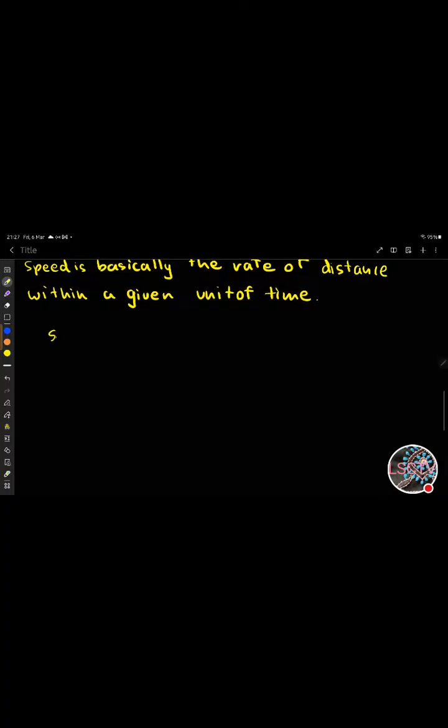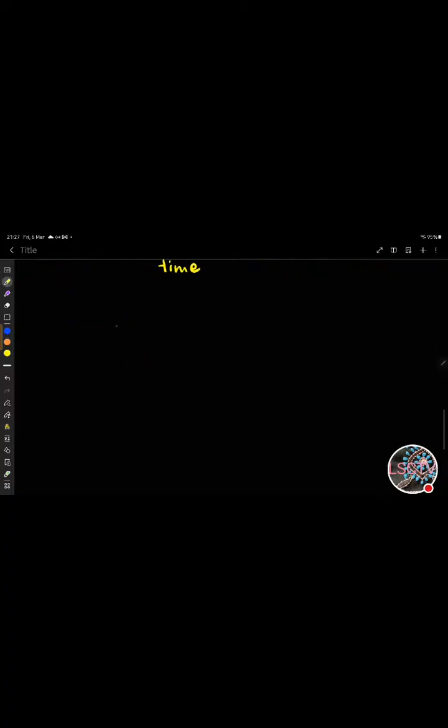So, speed is equal to distance by time. Later, in 7th grade, you learned about the distance-time graph, where this is the slope.